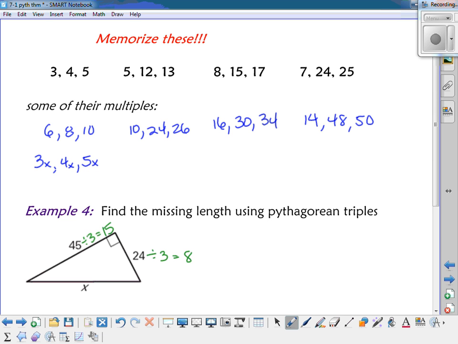So now I've got 8 and 15. Which triple is that? It's up here, right? 8, 15, 17. So that means x has to be 3 times 17, or 51. So it makes it quicker, and you don't actually even need a calculator to figure out the Pythagorean Theorem when you have large numbers. Because if it's one of the triples, it'll go really fast, okay?